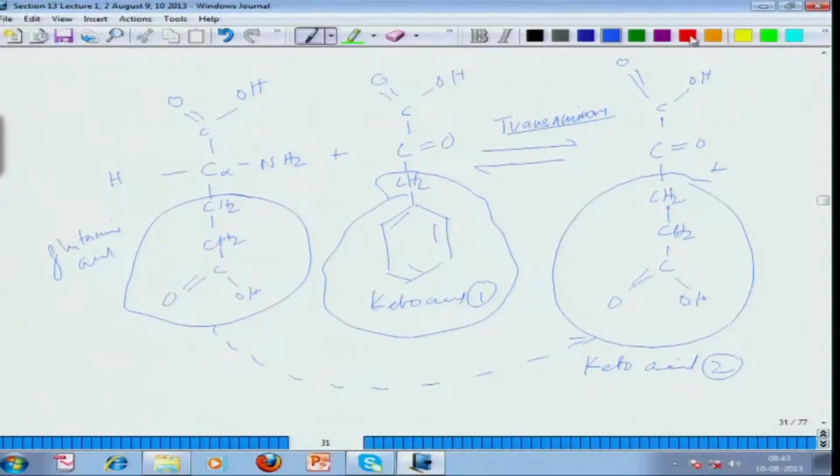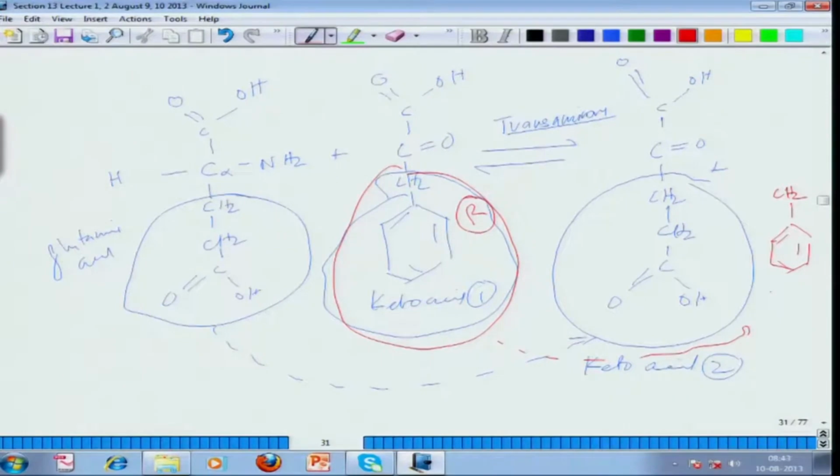This R group here is intact, CH2, and this R group is now attached to the amino group out here, and you have the hydrogen attached here, and so this becomes tyrosine.